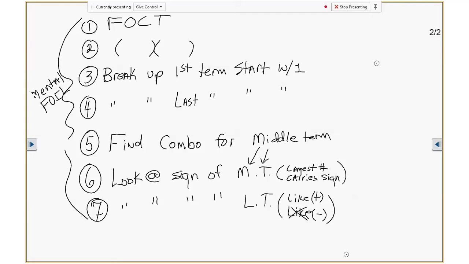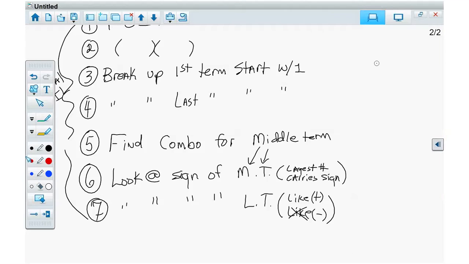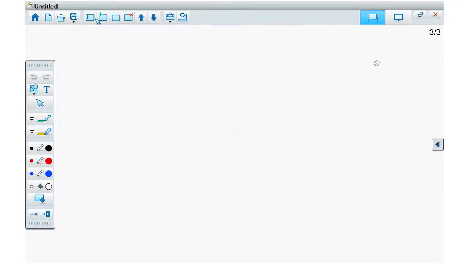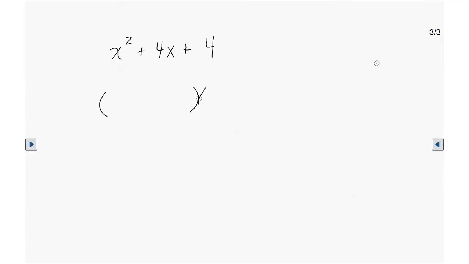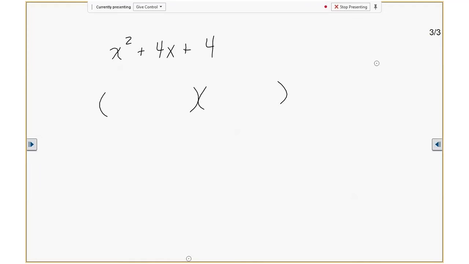So let's take, for example, the problem x squared plus 4x plus 4. Okay, I can't factor anything out, so 2 sets of parentheses. Break up the first term.